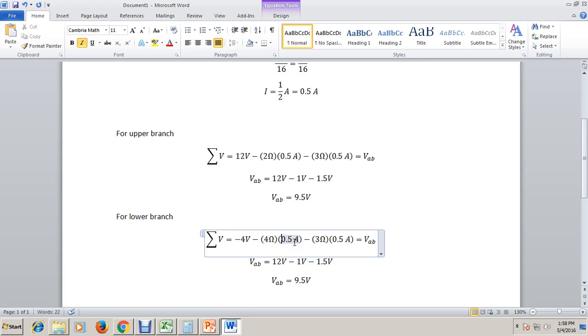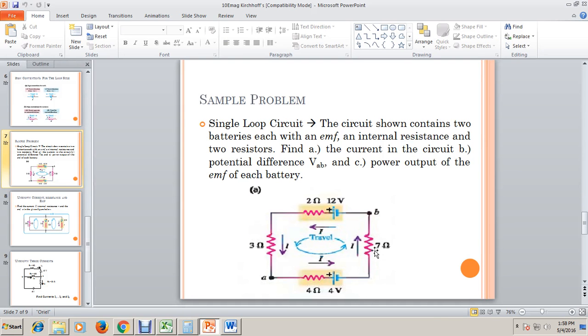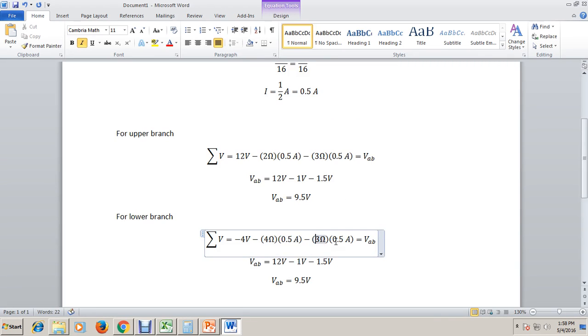So this would be negative 4 ohms times 0.5 amperes. Next would be for the 7 ohm resistor, so 7 times 0.5. This is expected to be equal also to V sub AB. Now here the solution is negative 4 volts. Next is negative 4 times 0.5, that gives us negative 2 volts.